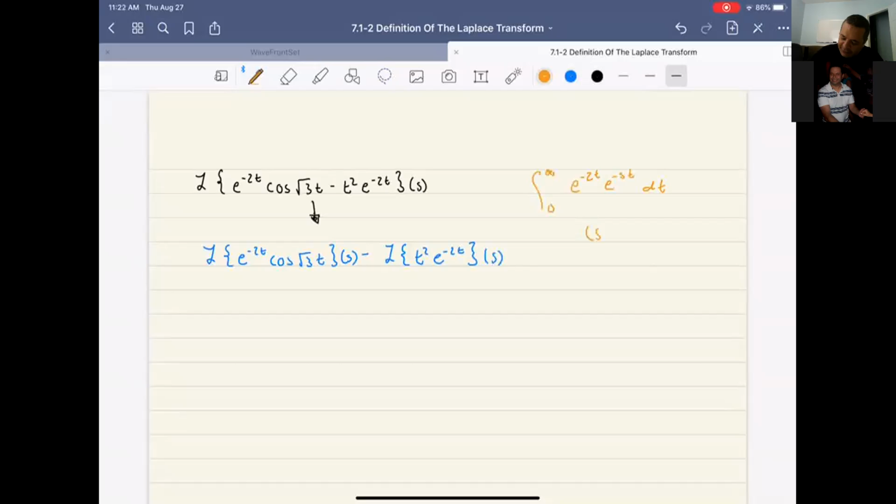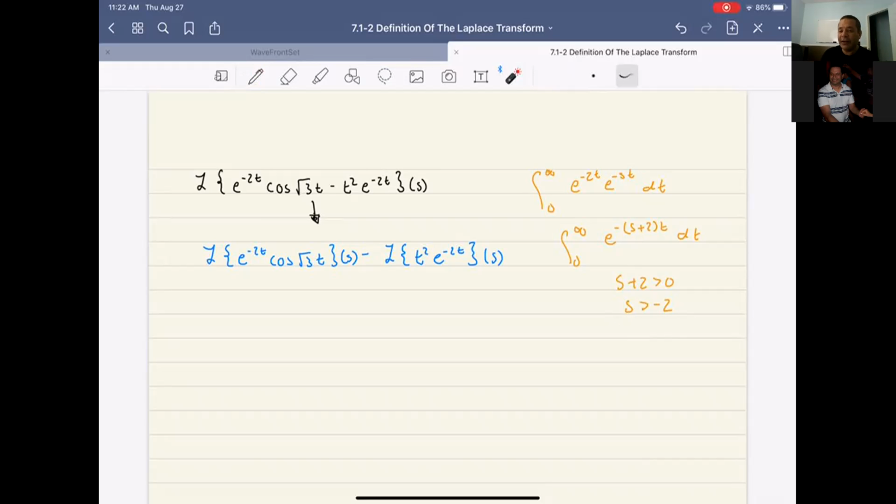Let me rewrite that as the integral from 0 to infinity of e to the negative (s plus 2)t dt. In order for that to converge, we need s plus 2 to be greater than 0, so s would need to be greater than negative 2. So this is the assumption that we're going to need to put in.